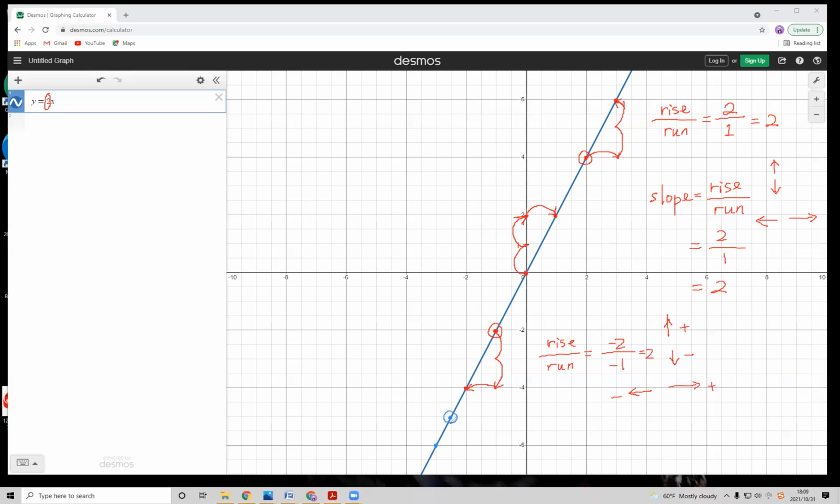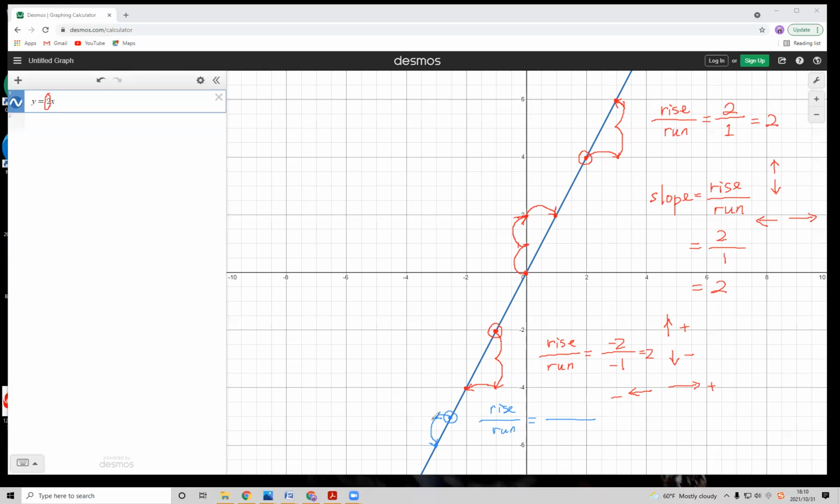In the third example I went down first, but this time I actually want to move horizontally first, and then move down. So be careful over here. Now rise over run. Because I don't have space, I didn't follow the same units as before, like 2 units, then 1 unit. So let's do this one carefully.